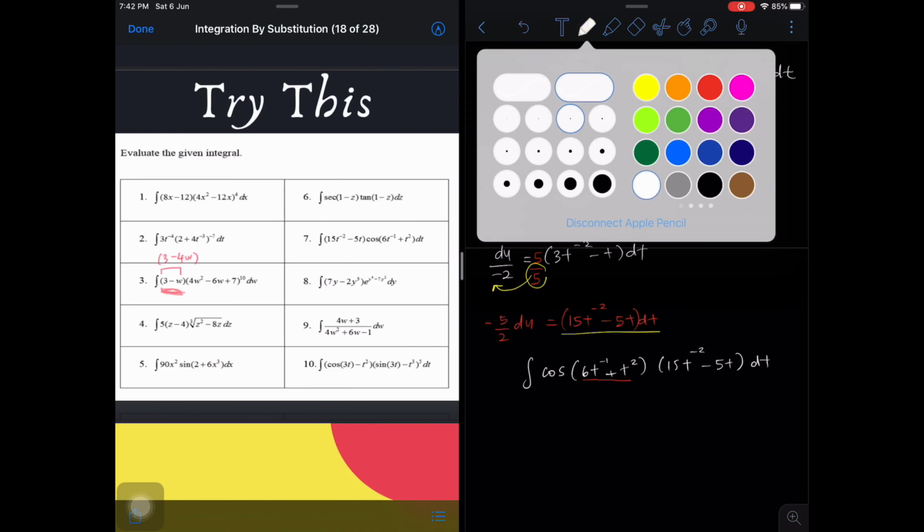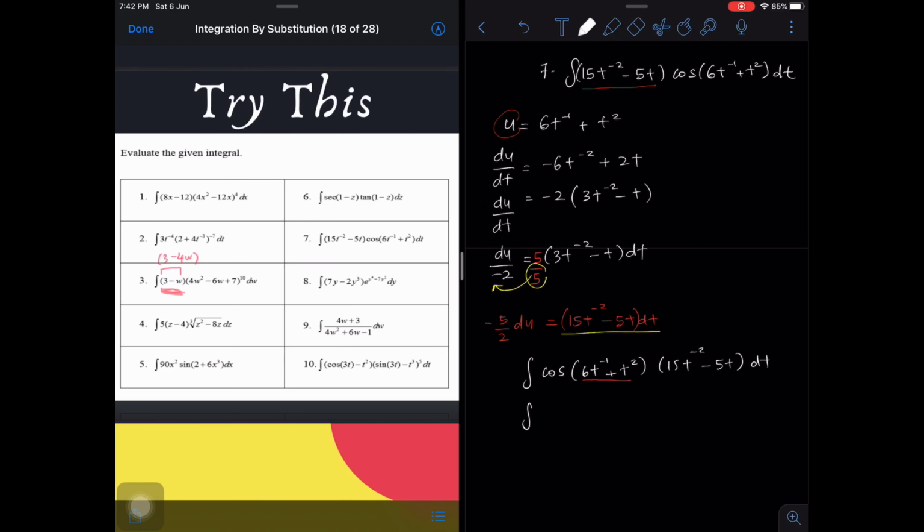So let's do the substitution. So we have cos u times negative 5 over 2 du. Negative 5 over 2 can be written outside the integral. So we have negative 5 over 2 integral cos u du.